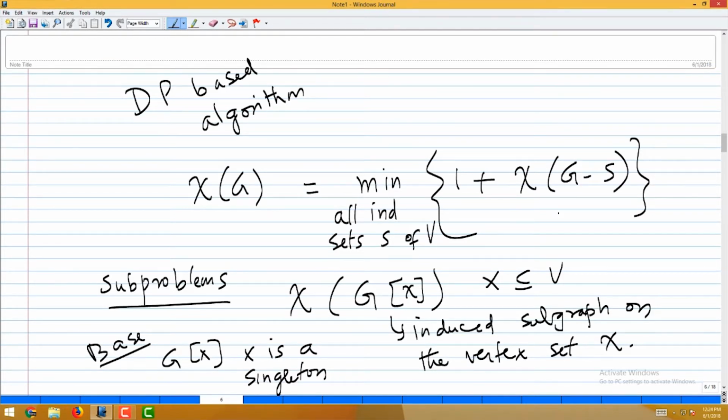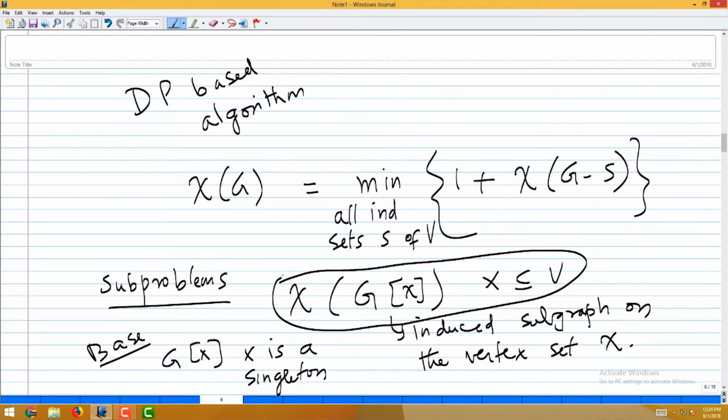Now, let us see how much time the whole thing takes. In a dynamic programming algorithm, there are only 2 things you do. How many entries are we computing? How much time does it take to compute one entry? You multiply these 2, you get the running time. How many entries are we computing? Here it is, the subproblems.